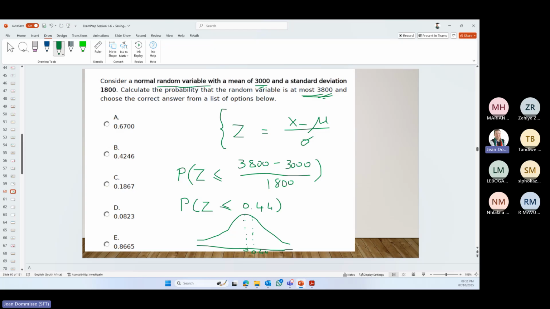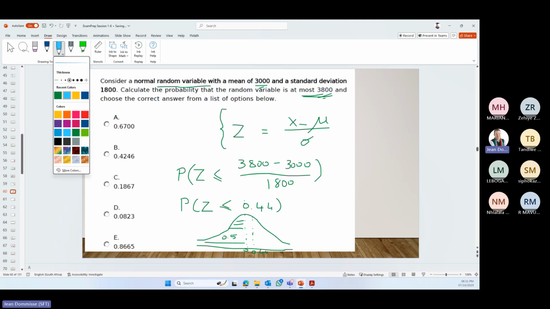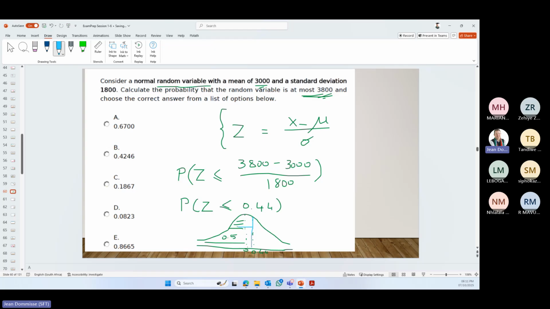At 0, we know that to the left of this, we have 0.5. So if we want to work out what's the area smaller than 0.44, we know at least it is a bit more than 0.5. So we can look at this and say, okay, that is more than 0.5.